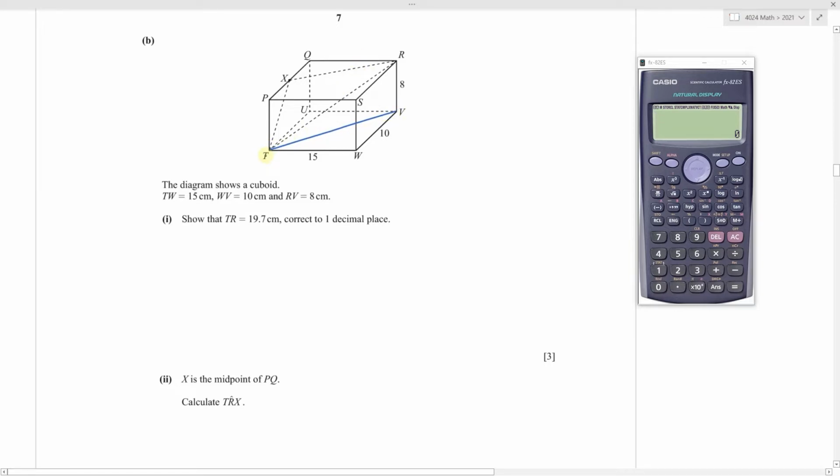This triangle TVR is a right angled triangle. So if I draw it in 2D, it will look something like this. Let me draw it in 2D.